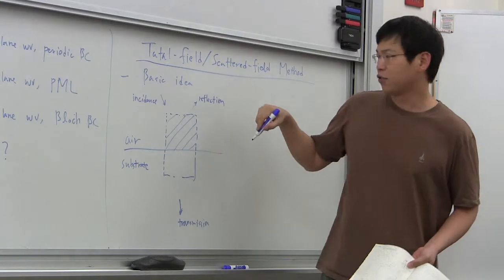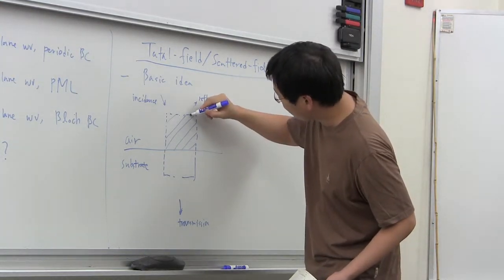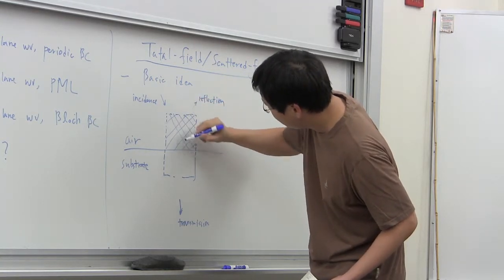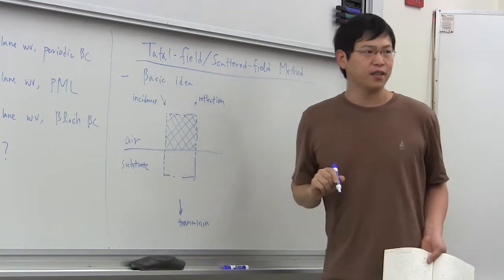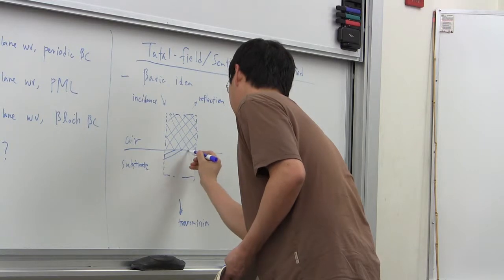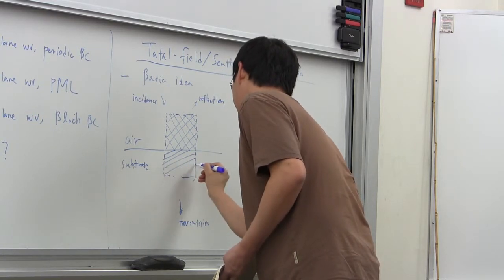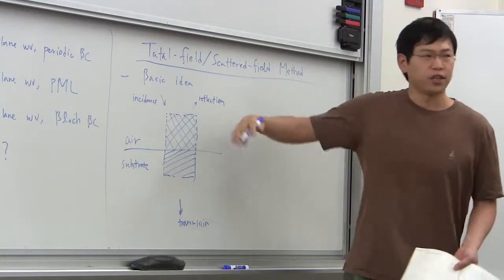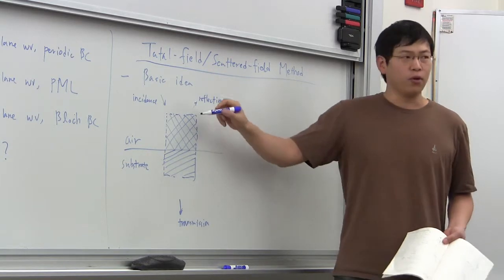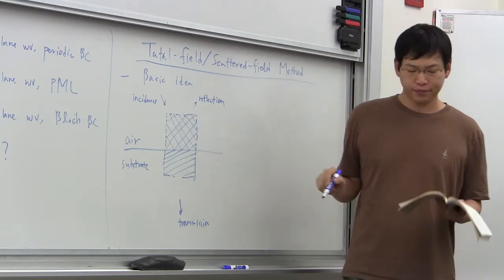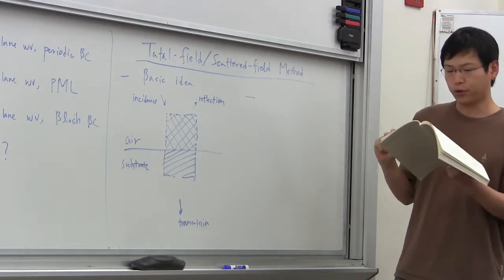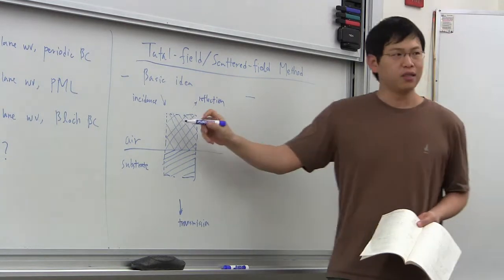This is incident wave, and you also have reflected wave, and then you'll have transmitted wave. So those are wave fronts. So this is the wave pattern only within this virtual box. And the basic idea of the total field scattered field method is to reproduce this wave only within the box.